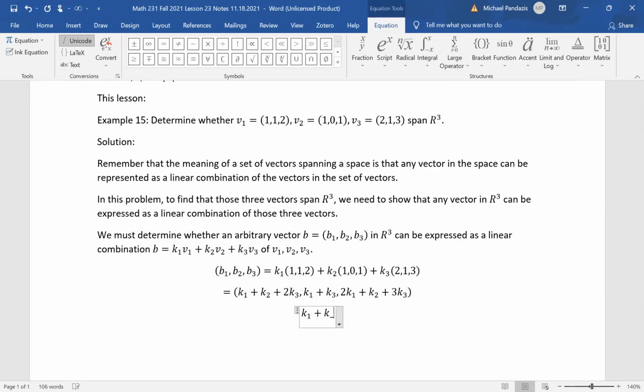So you have K1 plus K2 plus 2K3 is equal to the first component on the left-hand side, B1. You have the second component, K1 plus K3 is equal to B2.